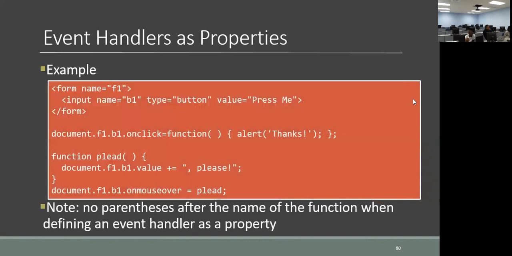We created what we call an anonymous function on the property called onClick that belongs to a button. So that function only occurs for that button, because you see how it's defined. It's defined on the f1.b1.onClick, so it's defined for the f1b1 object.